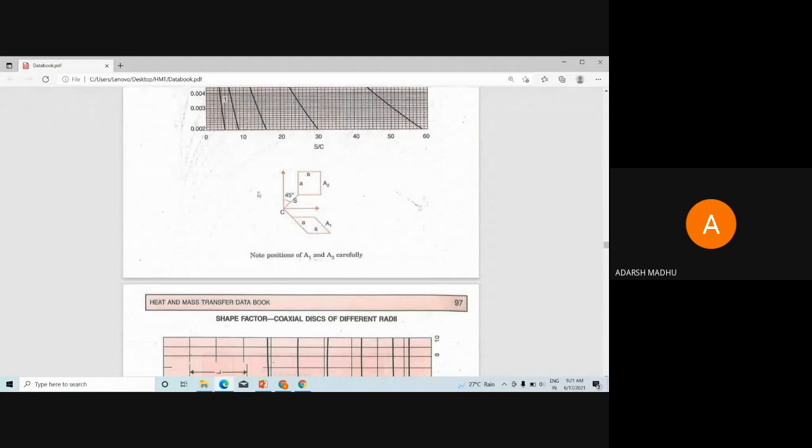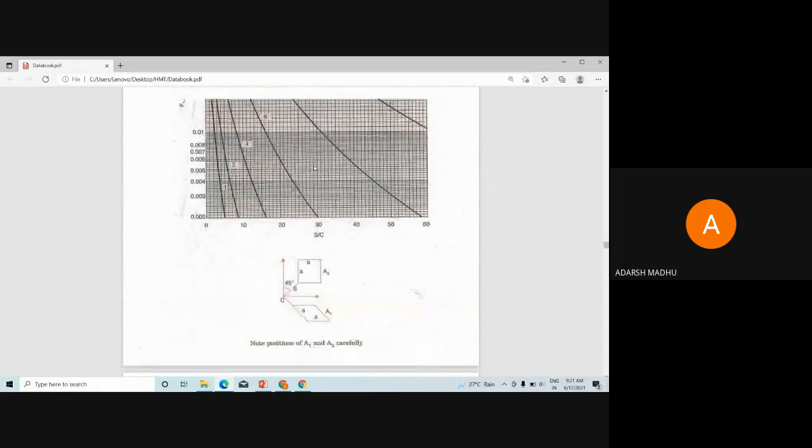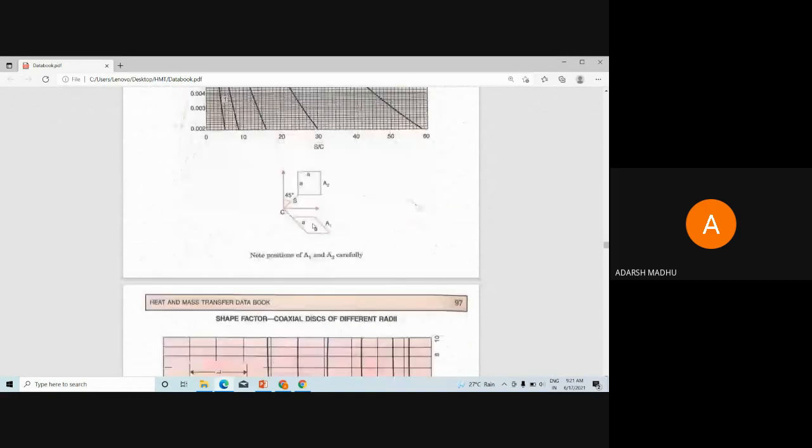Whatever the question is asking, we can take this type of figure, take your data book, and find the value. That is S by C. S is the distance between the centers of the squares, and C is the distance between the planes.